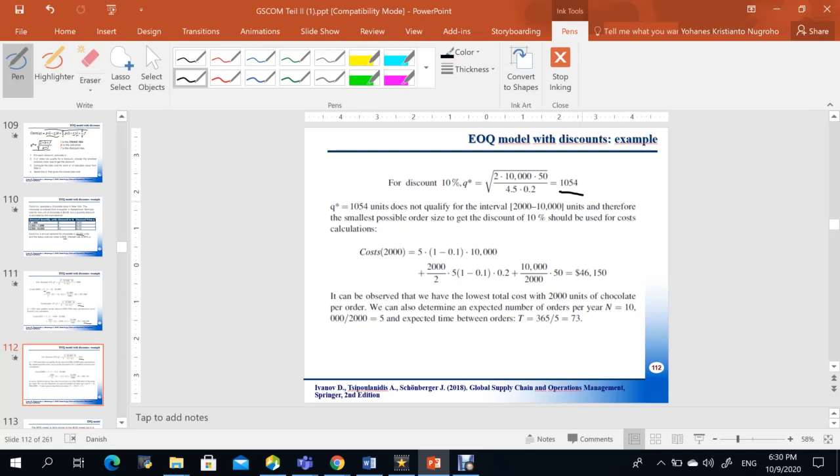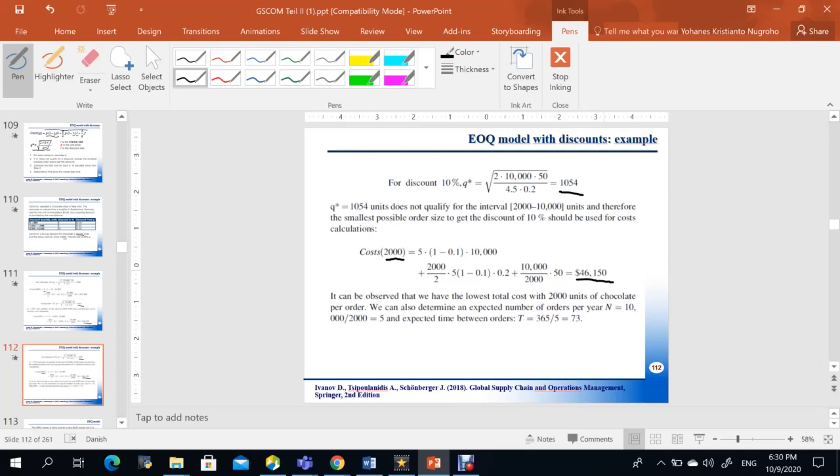But if we insist, or insist the company, that is Carlo Incorporation, to order with the 10% discount, and let's say we choose 2,000 as order quantity, and then we found 46,150, which is lower than getting the 4% discount. And therefore it can be observed that we have the lowest total cost with 2,000 units of chocolate per order.